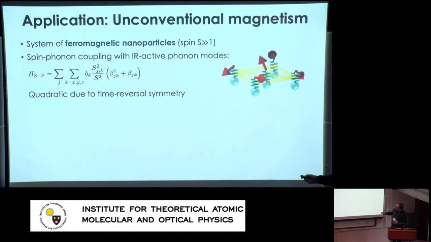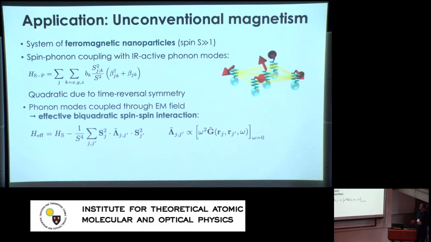And I write down the spin-phonon interaction. This is a quadratic term in the spin. The beta here is the phonon. And I can now go through my formalism, I integrate out the photon modes, and I find that I get an effective biquadratic interaction between the spins of these nanoparticles. That is exactly given by the electrostatics.